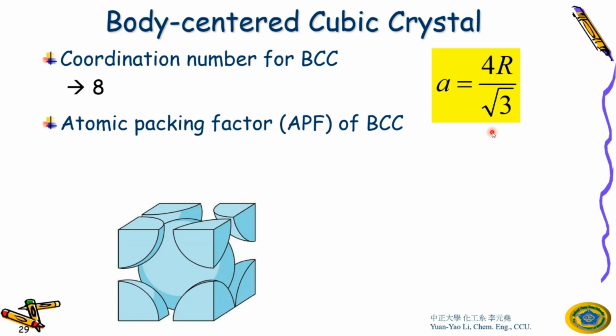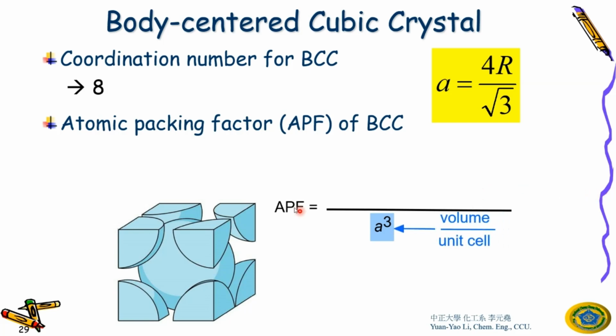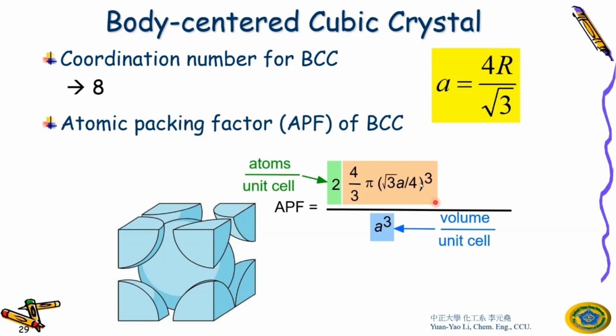So how do you calculate the atomic packing factor for BCC? The APF will be a cubed in the bottom. On the top, there are 2 atoms in this unit cell, and you multiply by the volume of a sphere, which of course you know involves R cubed.